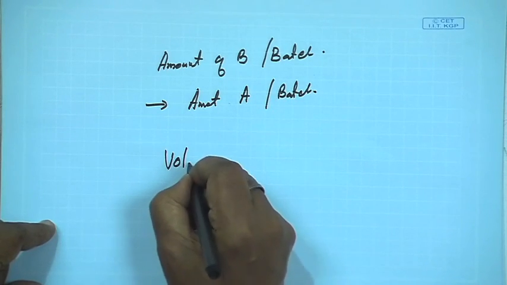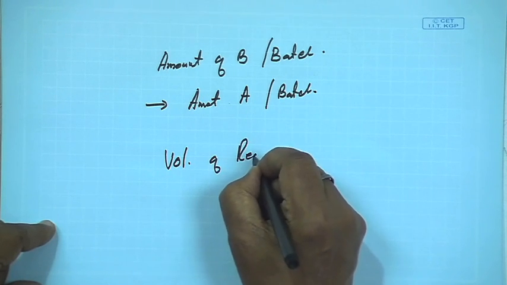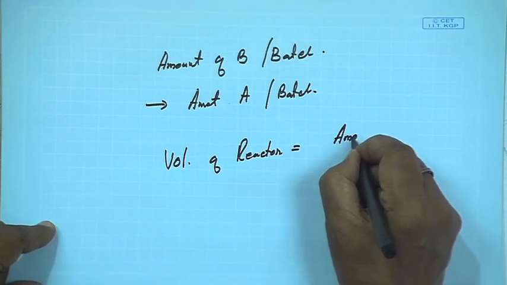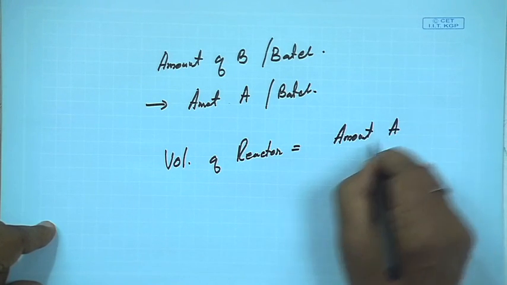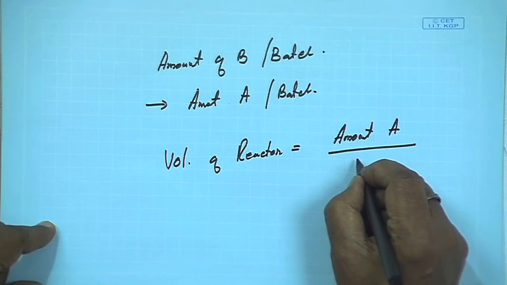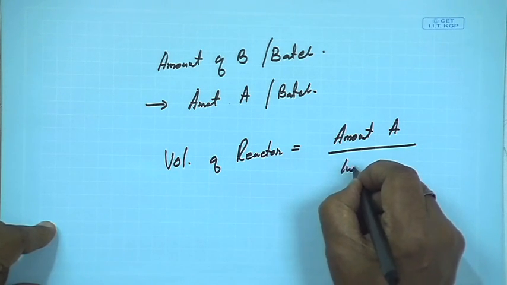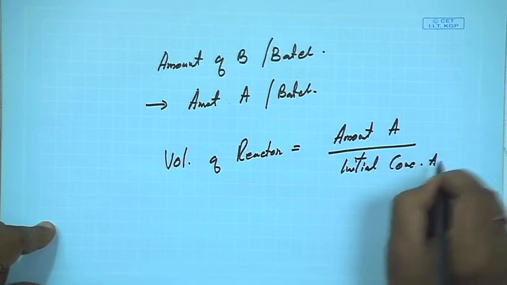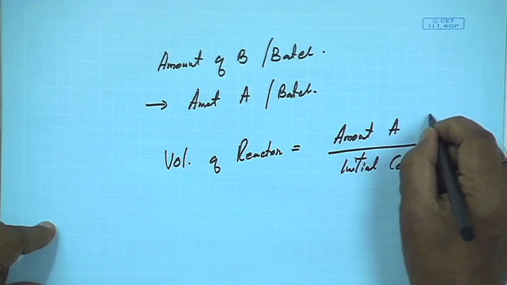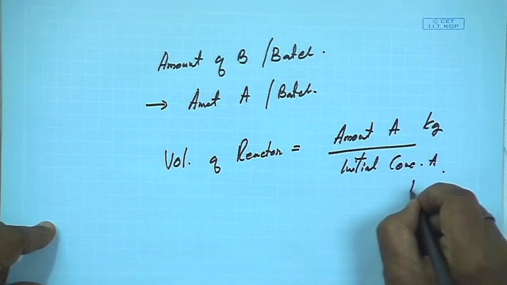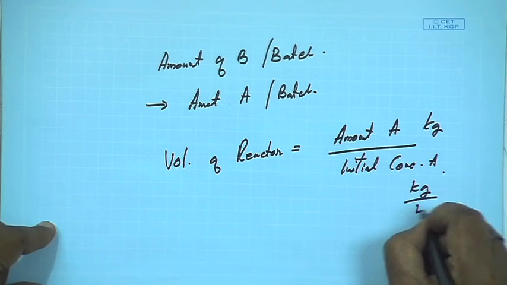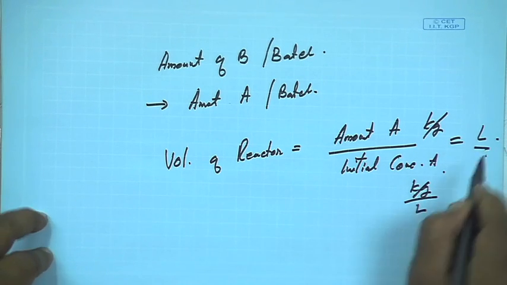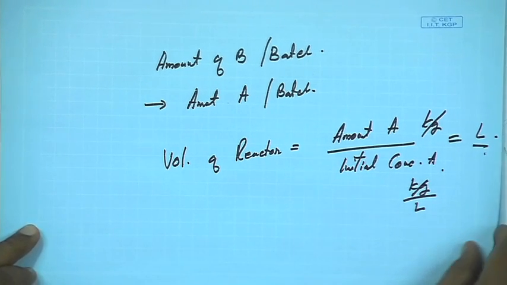Volume of the reactor is the amount of A required per batch divided by the initial substrate concentration of A. The amount is in kg, and the concentration is kg per unit volume, per liter. So, kg will cancel and this will be liters. So, you can find out the volume of the batch reactor like this. Thank you.